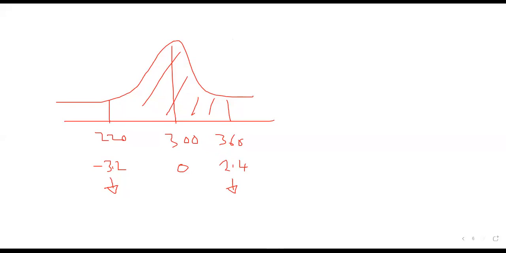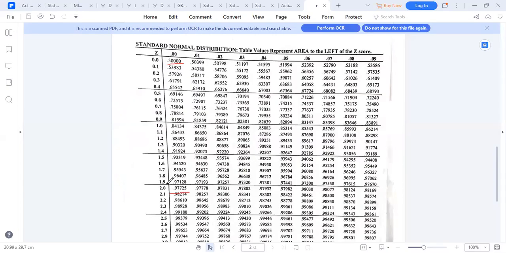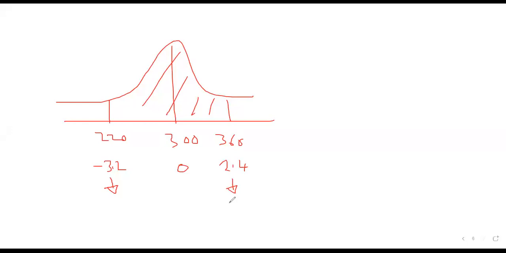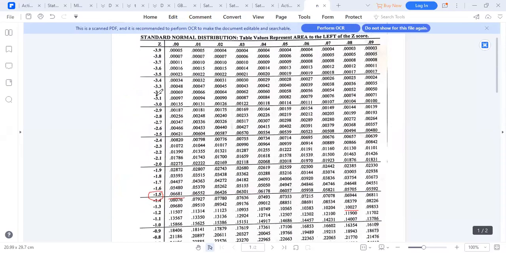We're going to read now from 3.2 and 2.4. 2.4 is positive, and its reading is 0.9918. Then the other one is negative 3.2. What is the reading? 0.0069.